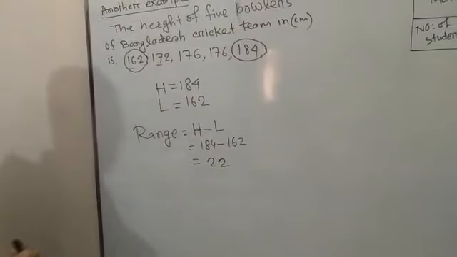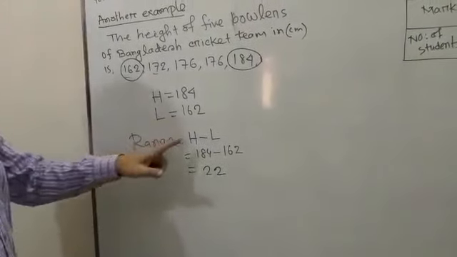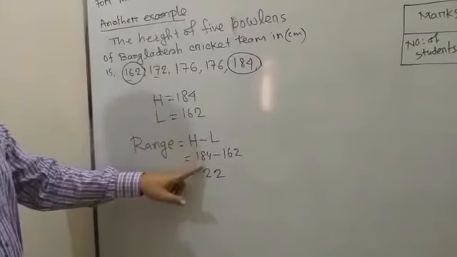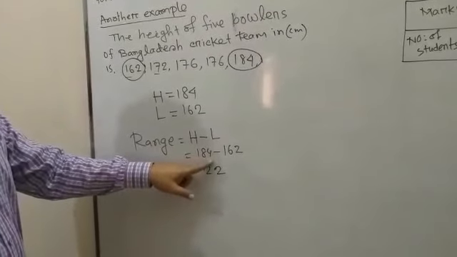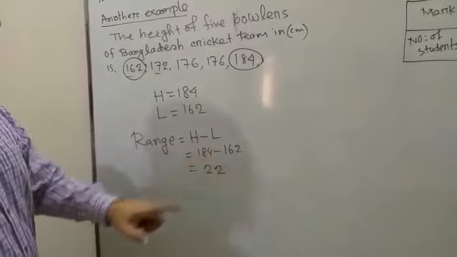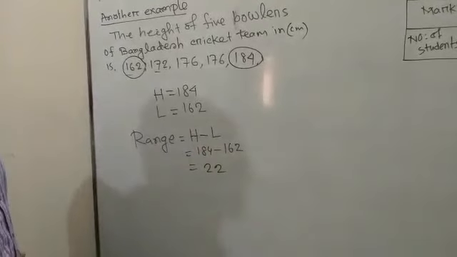And now find the value. Here range equals highest value minus lowest value. Highest value is 184 and lowest value is 162, which equals 22.